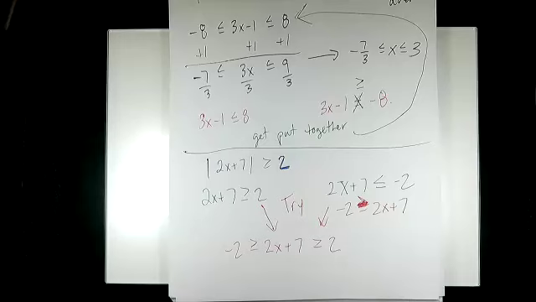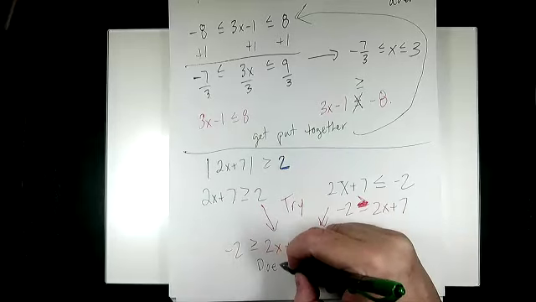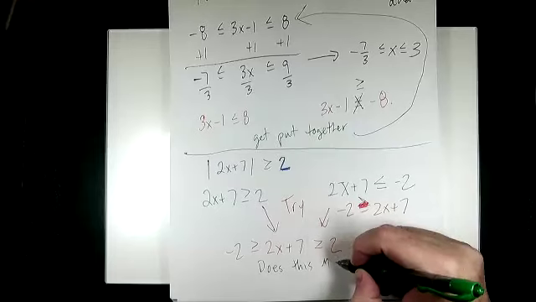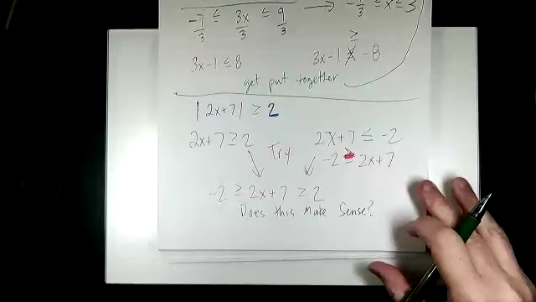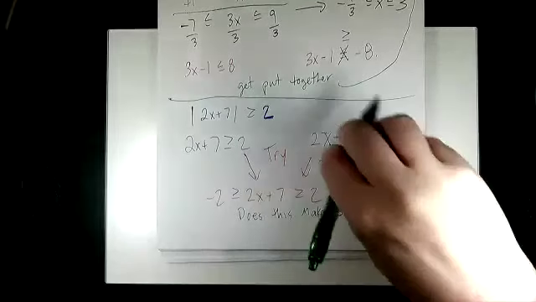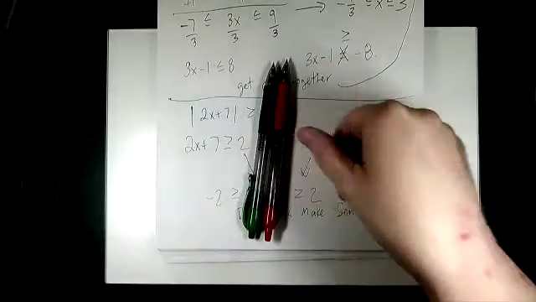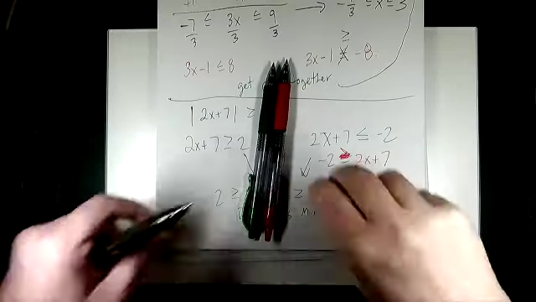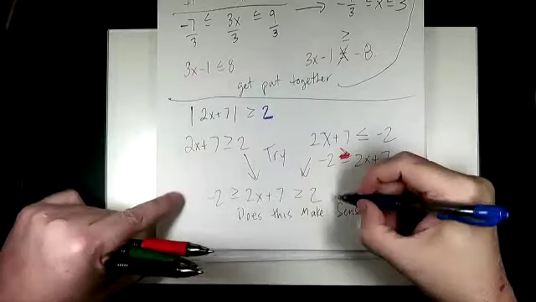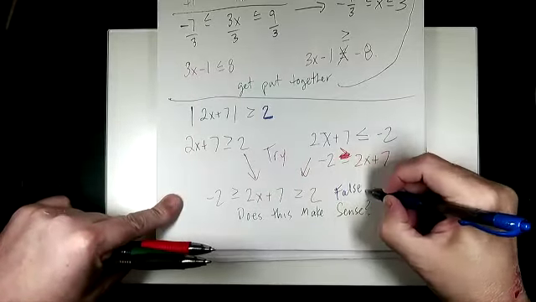And you got to ask yourself, does this make sense? Or are you going to jail? And how you check it? Block that one and say, is negative 2 greater than or equal to 2? This doesn't make sense. This is false. So we can't combine.